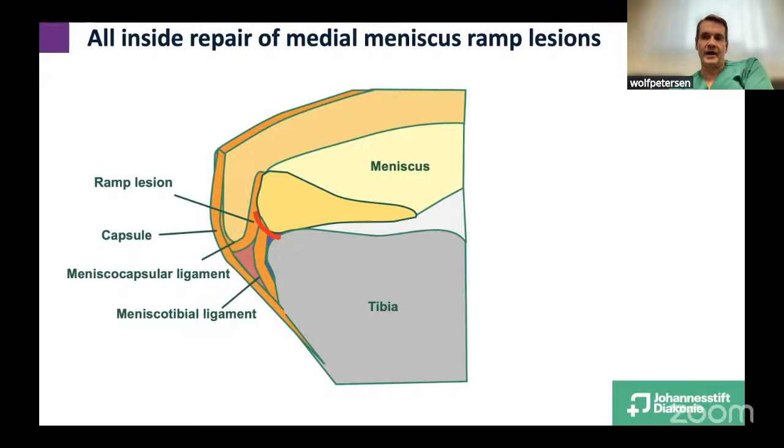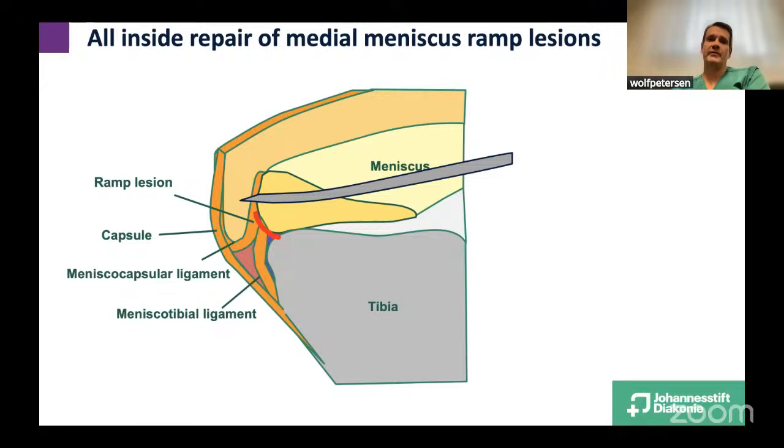When we have a ramp lesion, it's very important to diagnose the real ramp lesion, because if we have a real ramp lesion, it is very hard to perform a good repair. It is possible, but it's quite difficult with these classical all-inside devices.